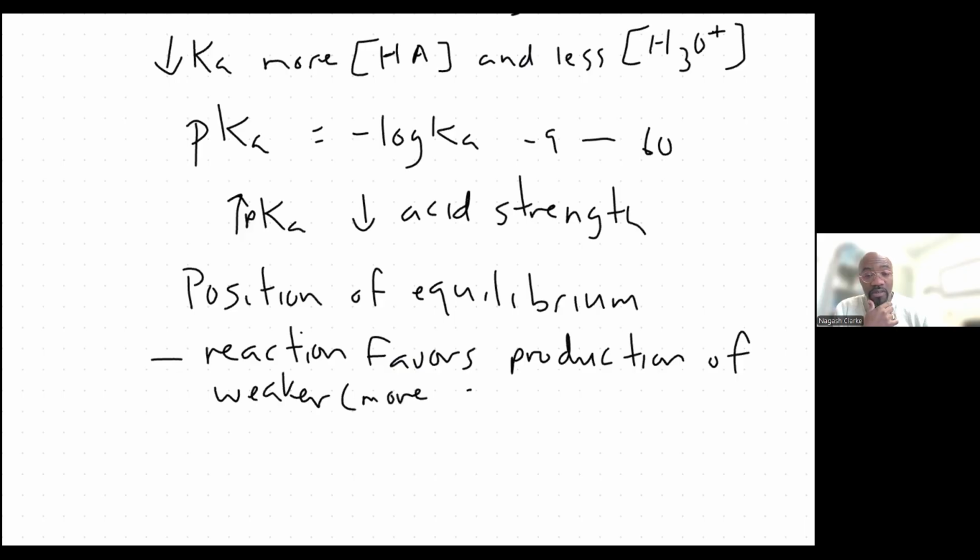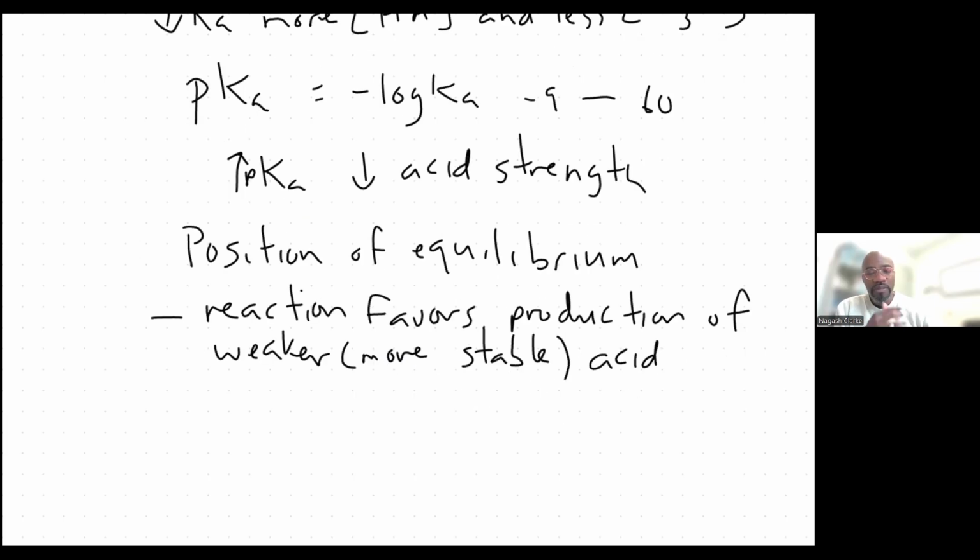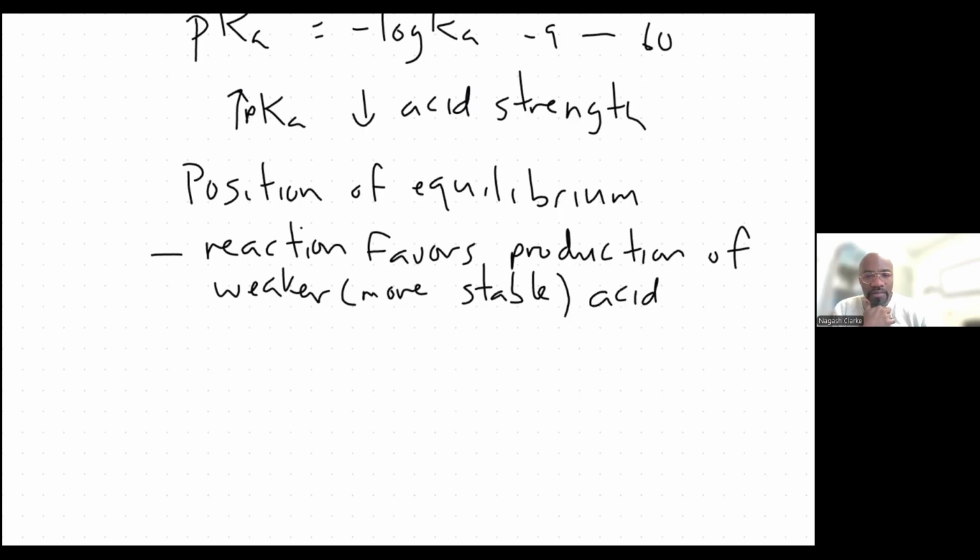So in organic chemistry, weak means stable, less reactive. So for example, if I'm looking at this reaction between, let's say, here I have an alkyne, pKa is around 26, and I have hydroxide.